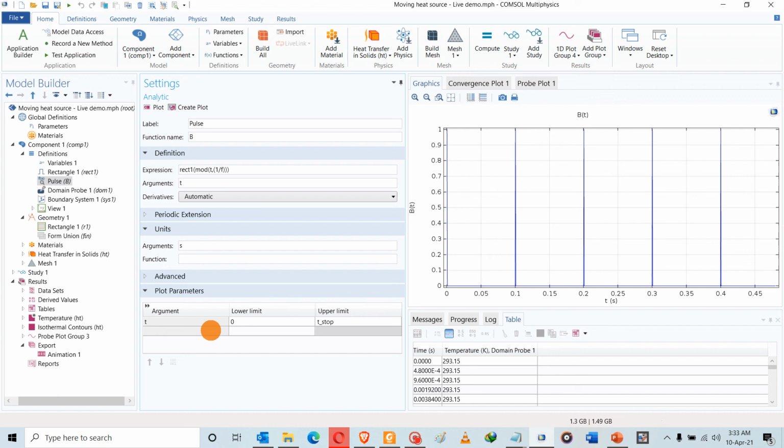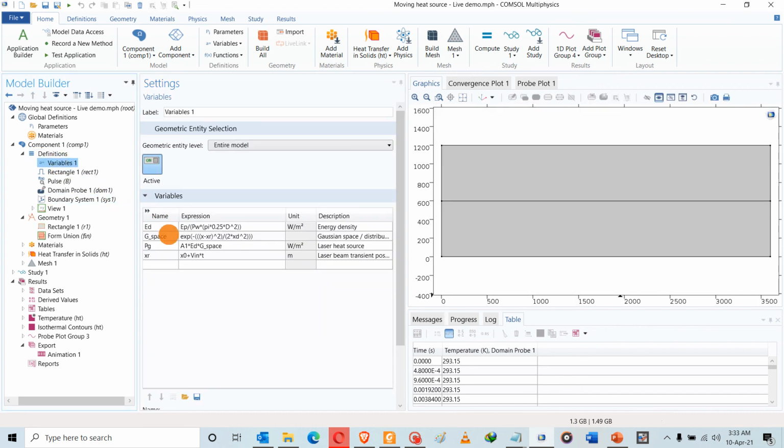Now, how will I include this into the Gaussian laser beam? Let's see if I multiply by b, which is a function of time. Okay, so it is working, it's letting me do it.